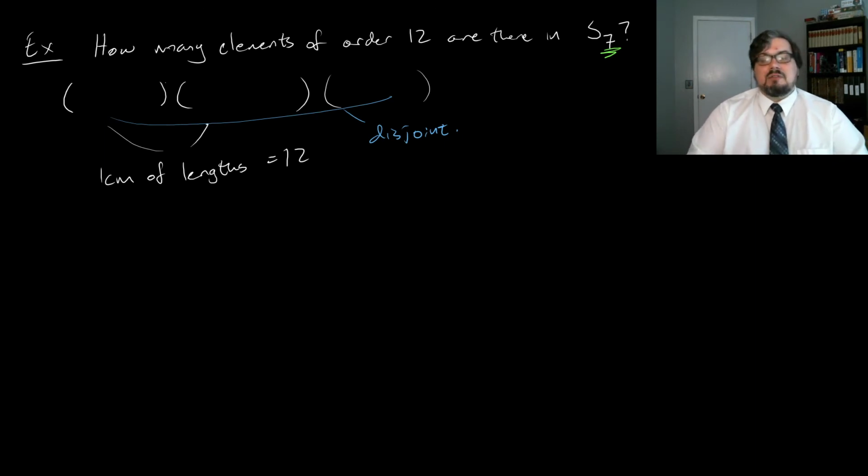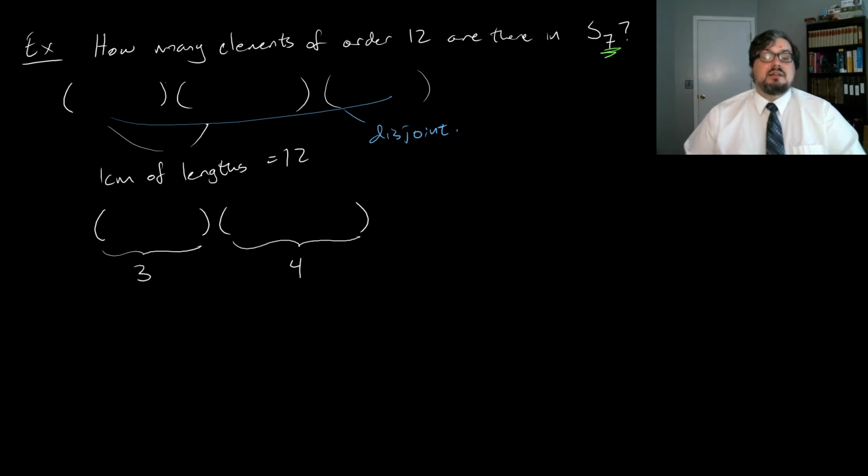And if you play around with this a little bit in this problem, you'll find that there's really only one way of doing that here, and that's to take a cycle of length 3 and a cycle of length 4. Now, if we had more elements to work with, if we were working in S9, there would be more options for this. But in S7, this is the only way of doing it.